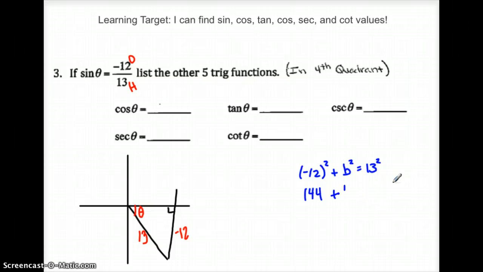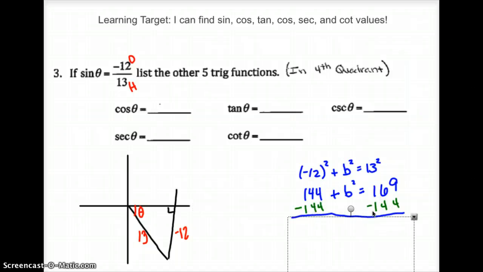And then I want to think about getting b by itself. So to get b by itself, I'm going to have to subtract 144. Okay, so when we subtract 144 from both sides, we're going to get b squared by itself, and we're going to end up with b squared equaling 25 after that subtraction.